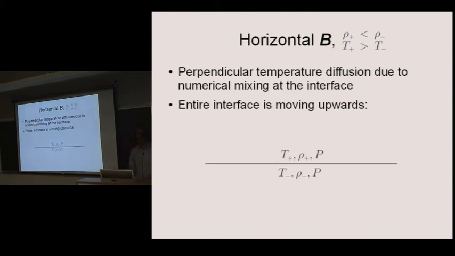What's actually happening is the entire interface is moving upwards, and the reason is pressure imbalance. If this is the interface, the temperature above the interface is larger than the temperature below. There's also a density difference, but the pressure is continuous. It's a contact discontinuity. If you allow a bit of temperature diffusion, then the temperature above will decrease a bit and the temperature below will increase a bit.